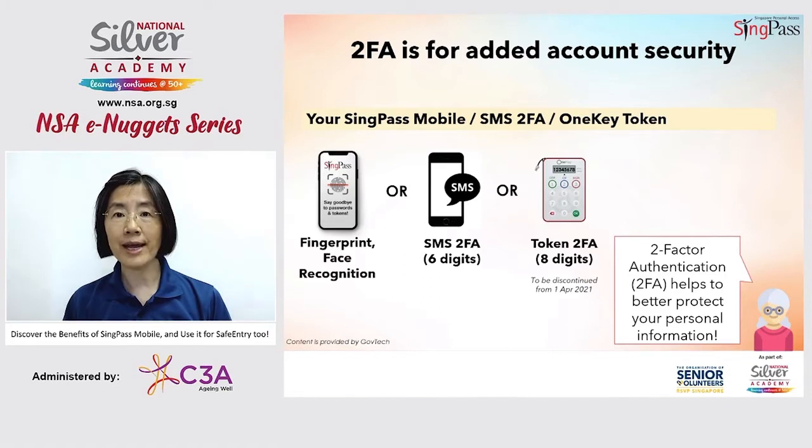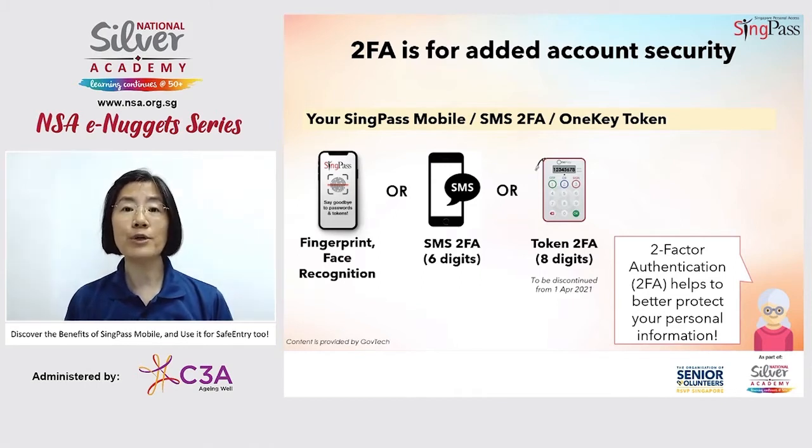Or the third way is to use a hardware token called the OneKey Token. It can generate for you an 8-digit password to use. But please be reminded that this OneKey Token will be discontinued from 1st April next year. So do change to another method if this is your only way for the 2FA right now.